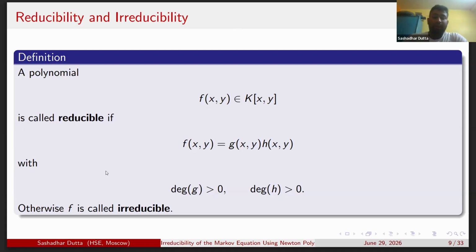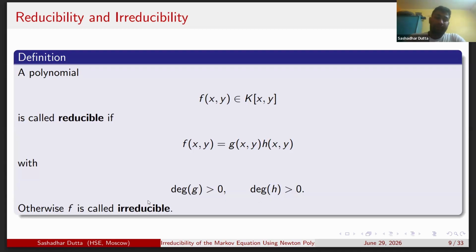If this polynomial is reducible, we can split it into a product of two polynomials, g and h, where the degree of g is greater than 0, and the degree of h is greater than 0.